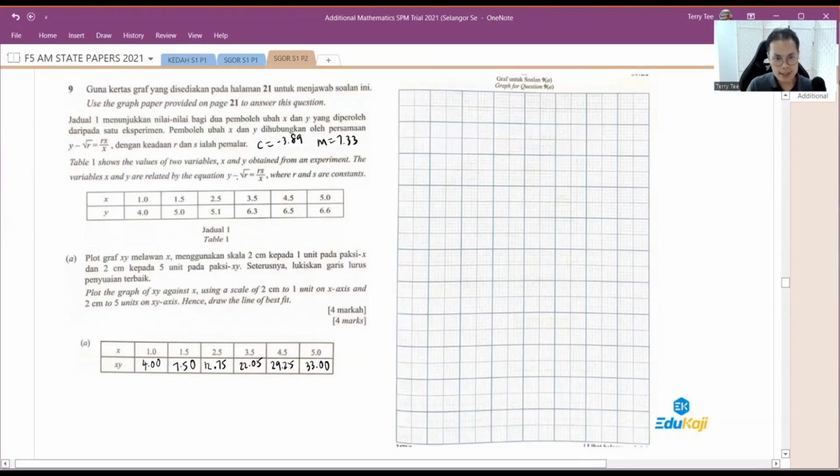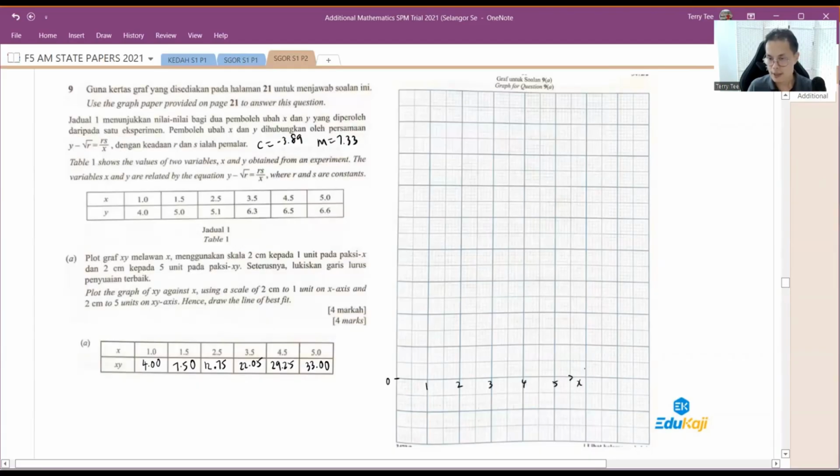So we need to estimate. The question says the scale is 2 cm to 1 unit on x, and 2 cm to 5 units on y. So I need more space below here. I'll put this a little bit higher. This is 0. The x-axis is 1, 2, 3, 4, 5.